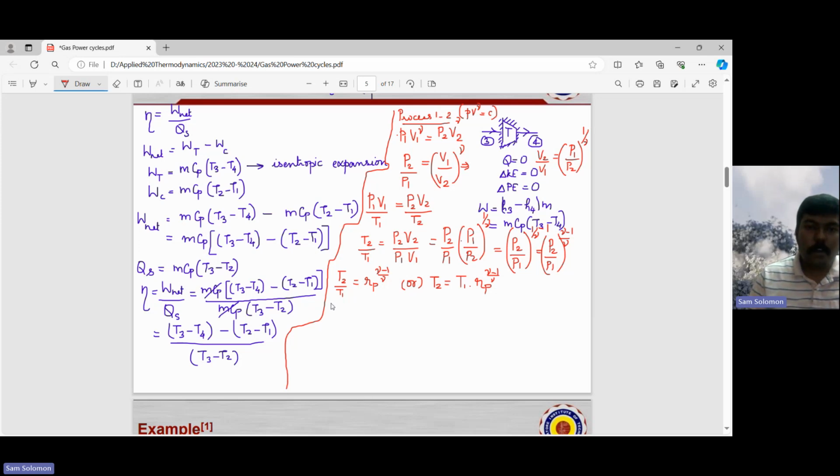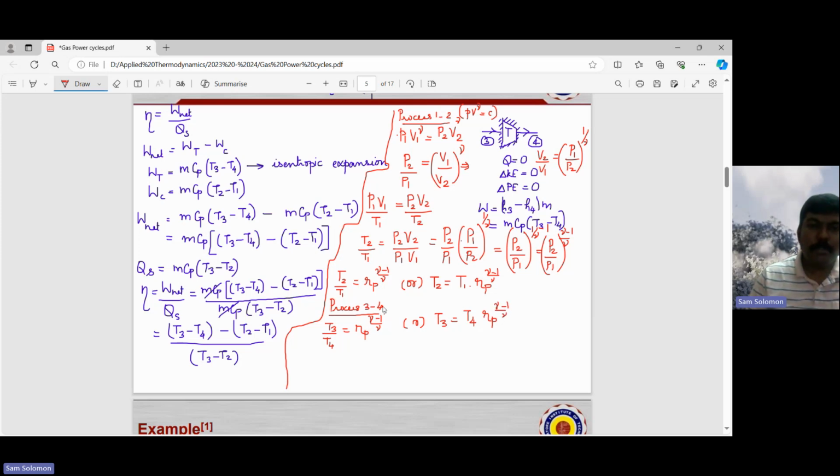Similarly, we can also write for process 3-4. If you look at process 3-4, I can follow the same procedure and I will be able to write T3 by T4 is equal to Rp to the power (gamma minus 1) by gamma, or T3 is T4 times Rp to the power (gamma minus 1) by gamma.